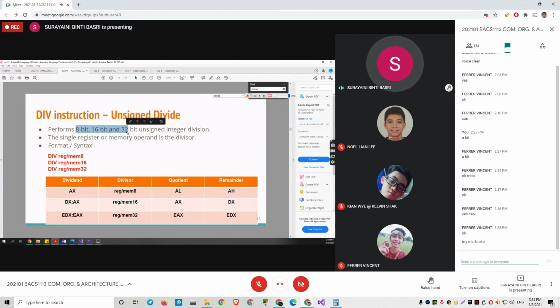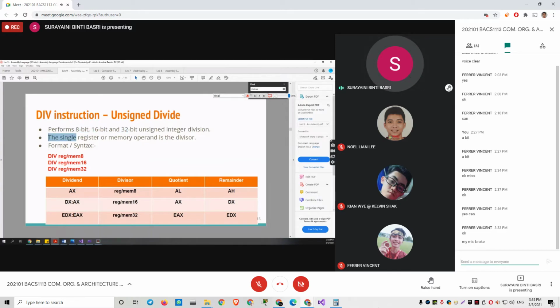We don't know the instruction for over 32-bit, for example 64-bit, because we only learn the 8086 processor, which can only operate up until 32-bit.